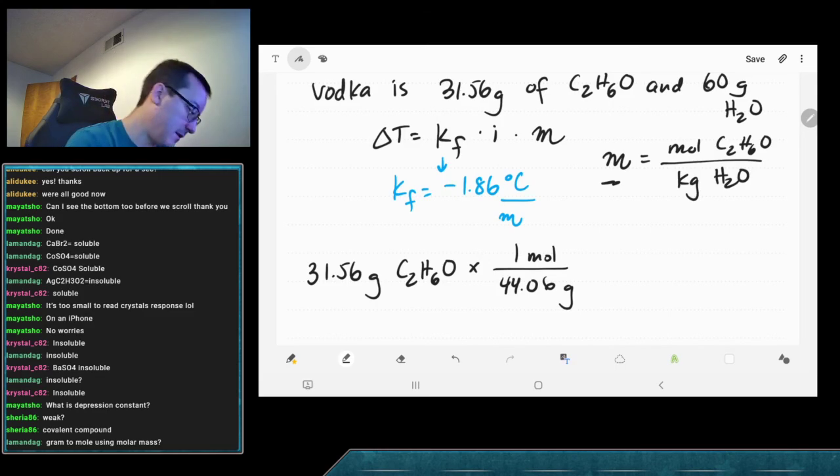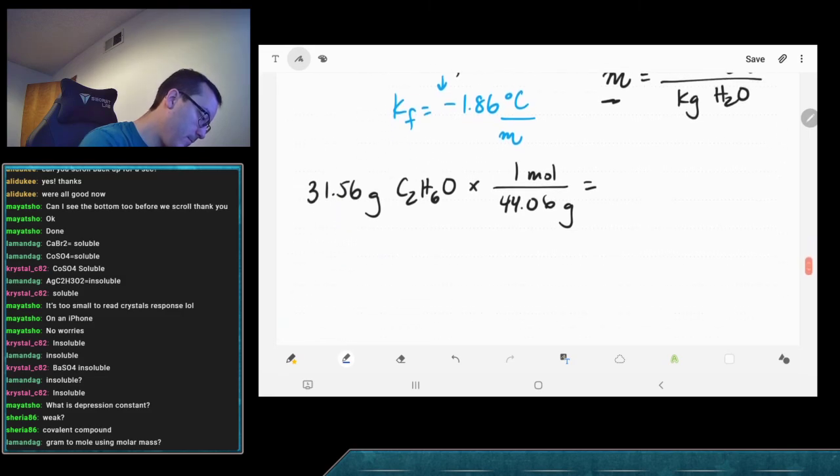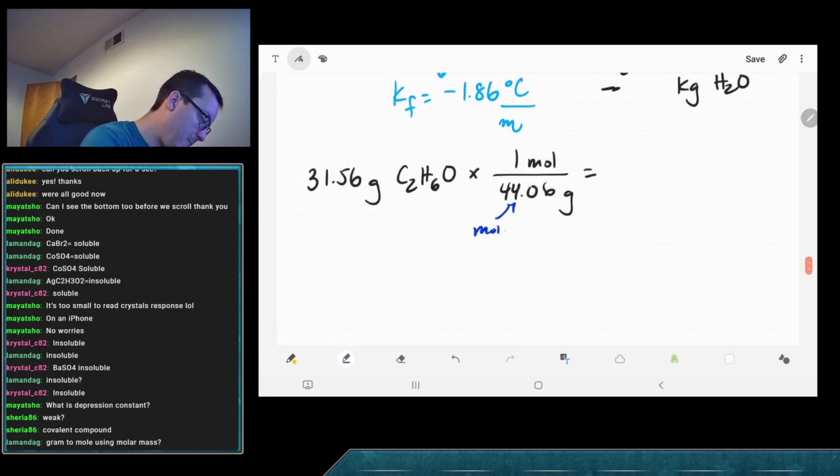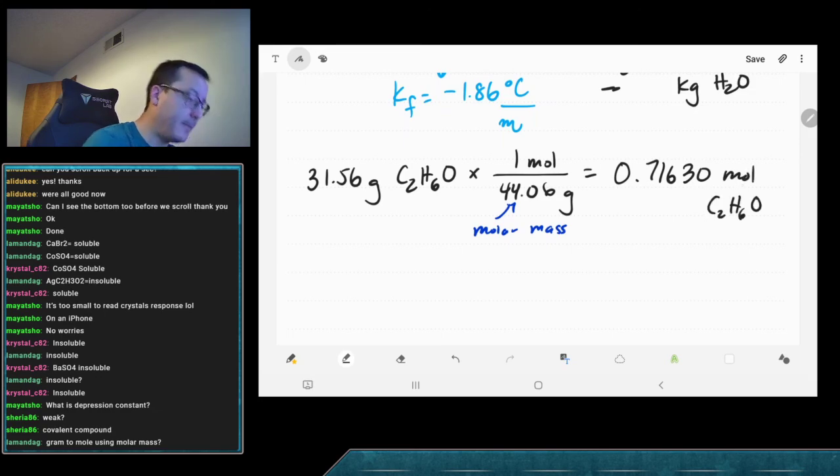That's the molar mass. Doing this, 31.56 divided by 44.06, we have 0.71630 mole of ethanol.